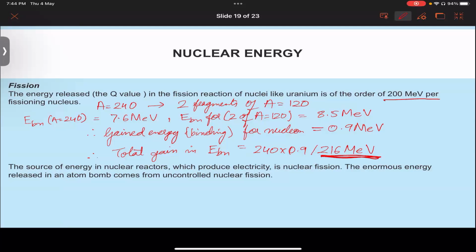Also, you might have heard of atom bombs. Even in an atom bomb, you have a nuclear fission reaction going on. So you can have a nuclear fission reaction that is controlled or uncontrolled.